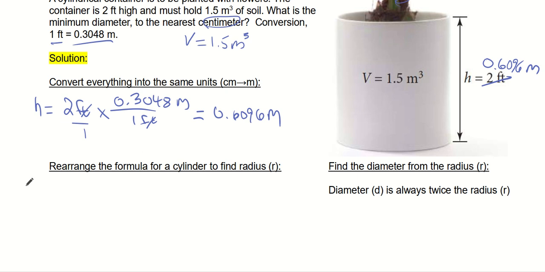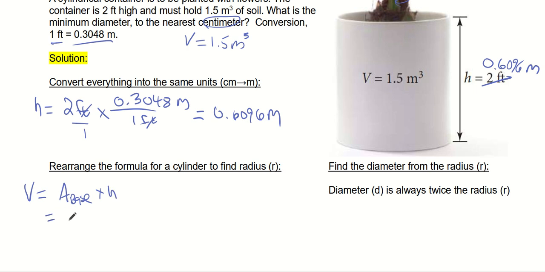So the cylinder formula is V equals the area of the base multiplied by height. But what is the area of the base?